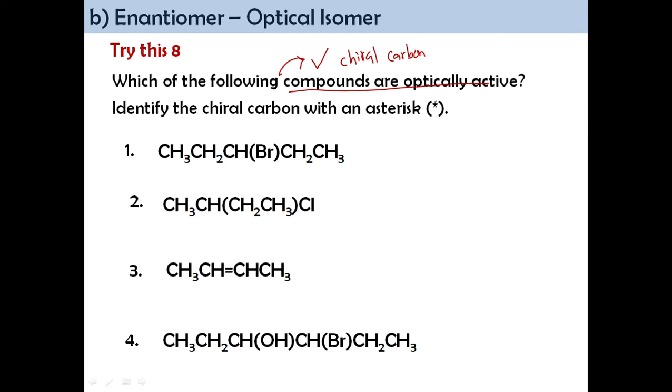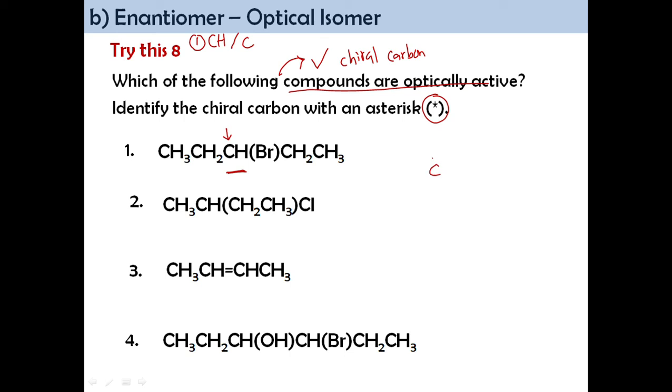Okay, and then kita akan guna asterisk untuk kita identify that chiral carbon. Okay, tips saya yang pertama, cari CH atau C in that compound. Okay, cari mana CH. Ada tak CH ataupun C? Okay, ada. So ini. So, carbon ini yang kita nak tengok. Kalau awak tak nampak macam ni, awak boleh ambil carbon ini.